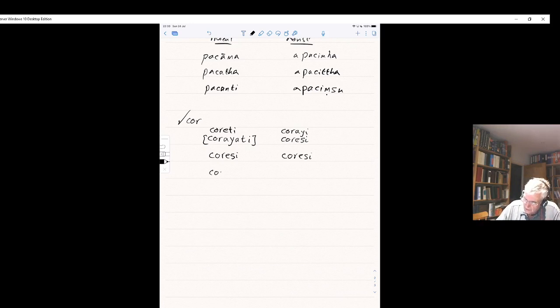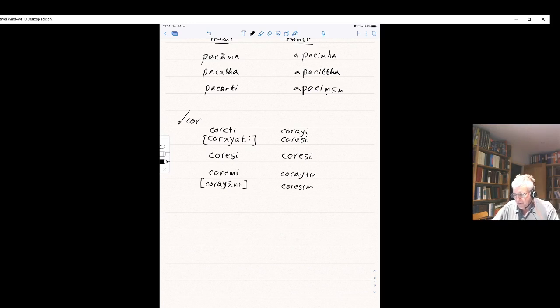I steal, choremi, and in Sanskrit and sometimes in Pali, it is actually chorayami. And the aorist is chorayim or choresim. Chorayim or choresim.